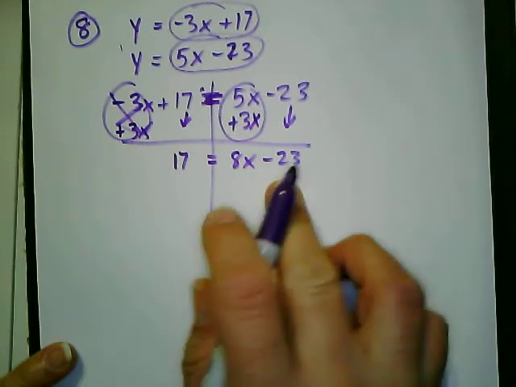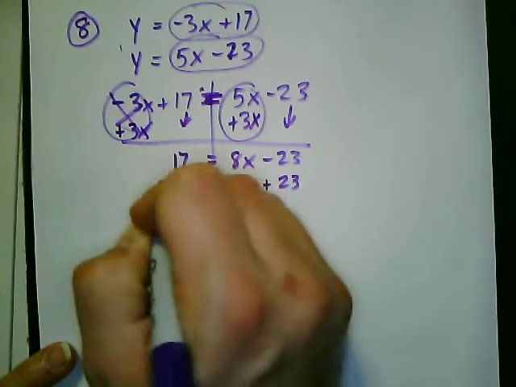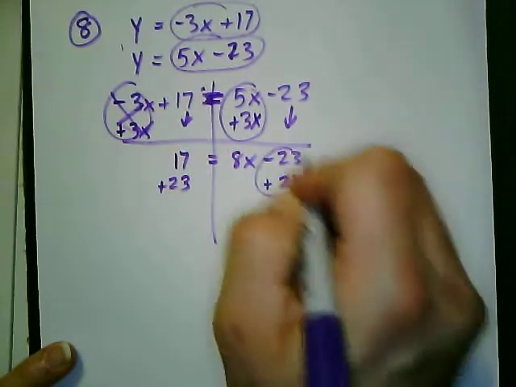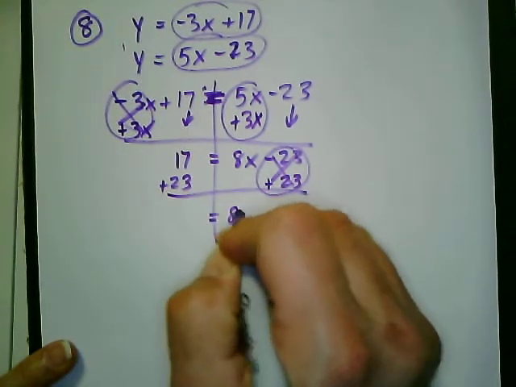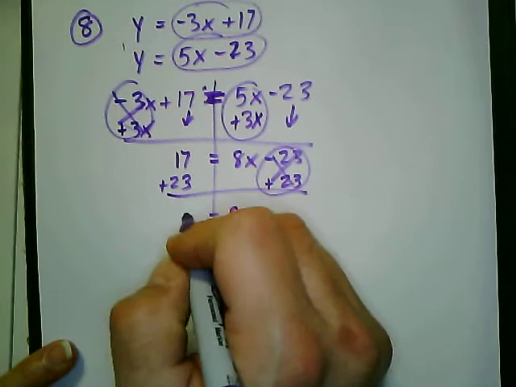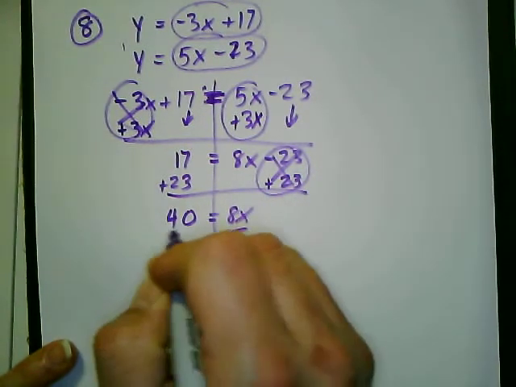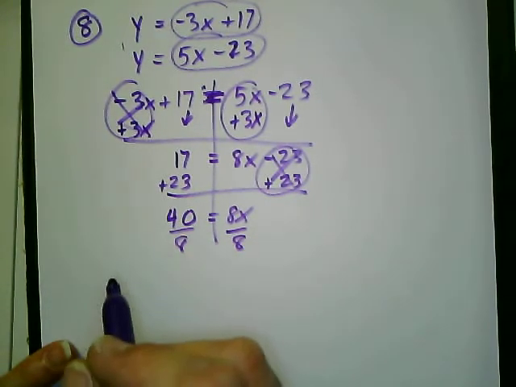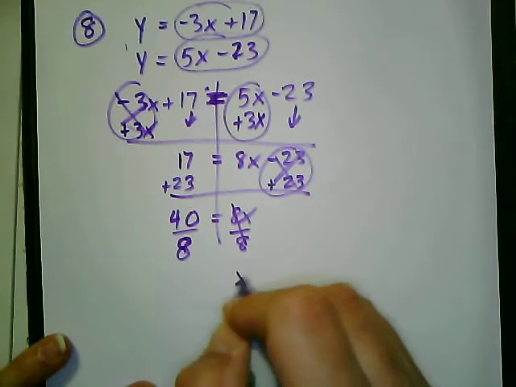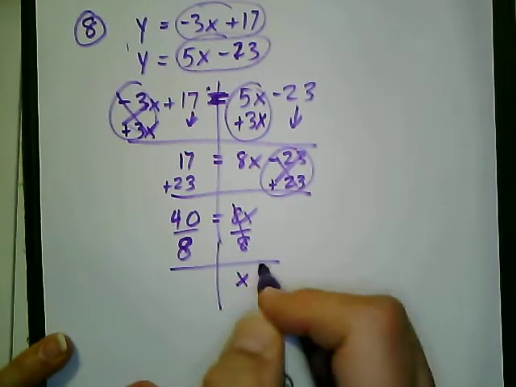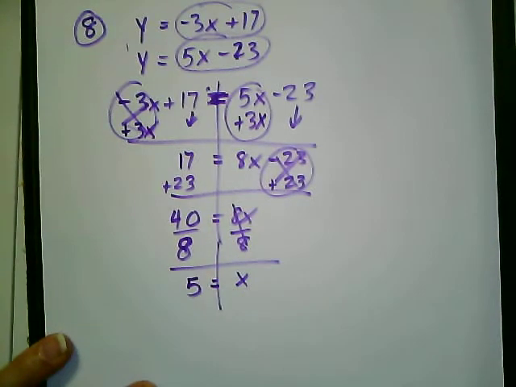We'll go ahead and get rid of, let's add or subtract the variable. That's 23. Those two are gone. They become 0. 17 plus 23 is 40. And divide by 8. We have x, and 40 divided by 8 is 5.